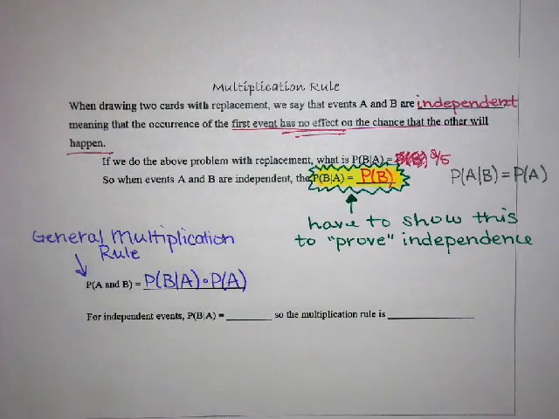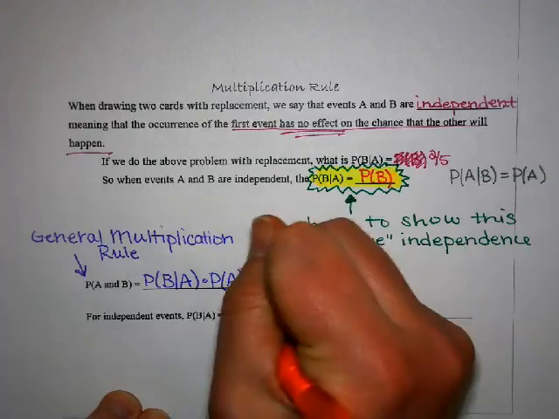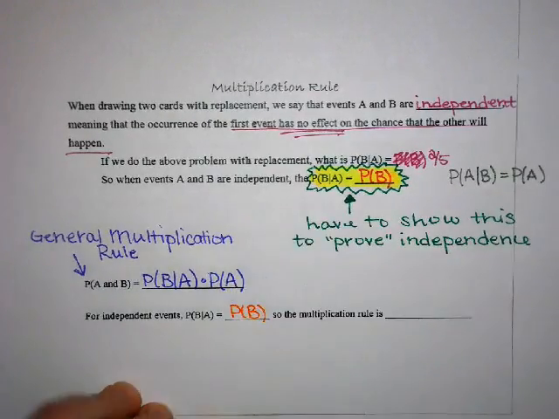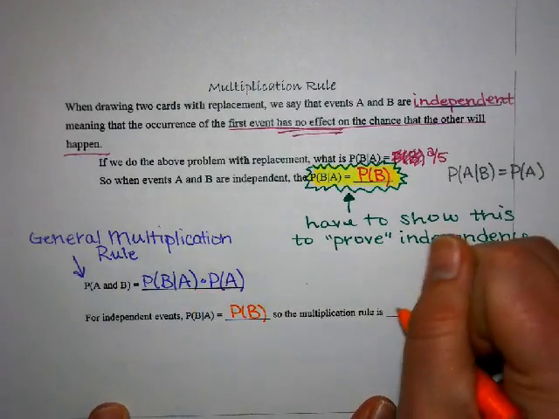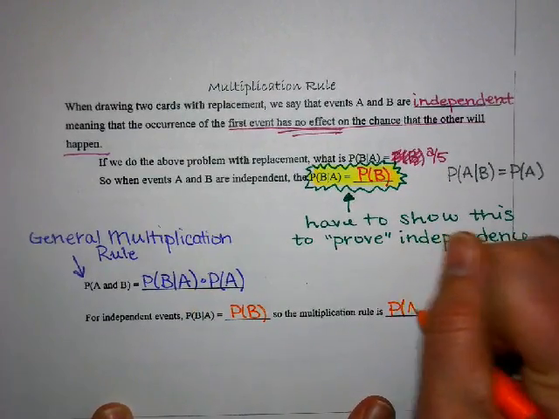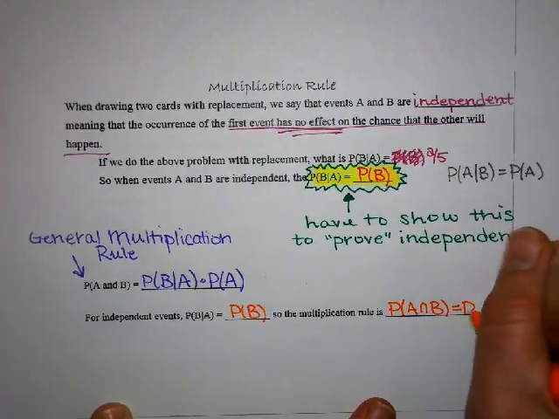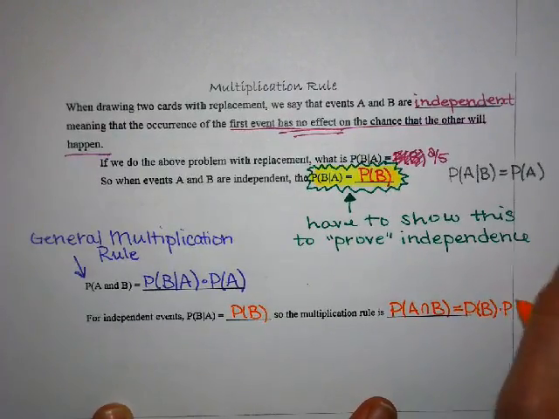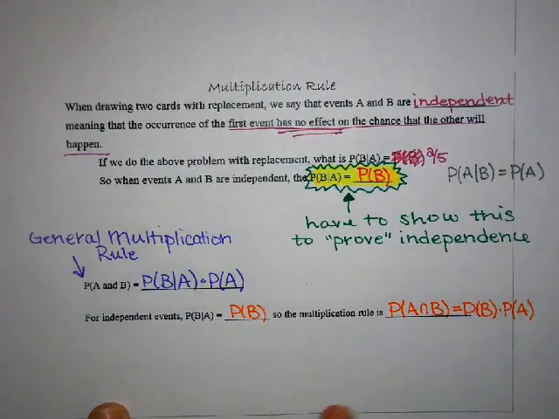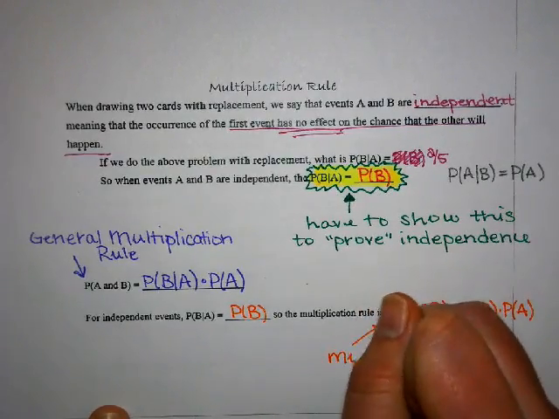So when two events are independent, probability of B given A is equal to just the probability of B. So we can simplify this multiplication rule and say that the probability of A and B comes from the probability of B times the probability of A. And this is our multiplication rule for independent events.